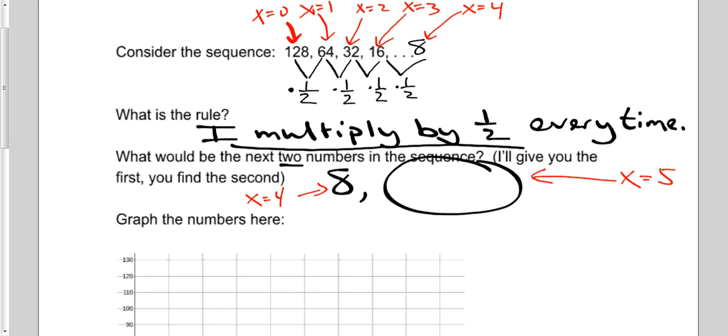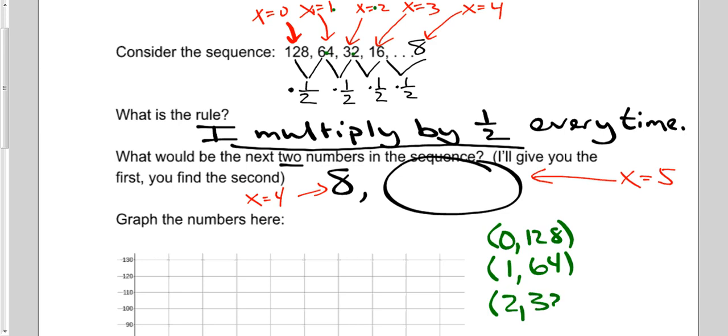Okay? So my first point, and I'll do this in green again, will be 0, 128. My second number would be 1, 64, right? My third number is going to be 2, 32. My fourth number is going to be 3, from right up here, right?